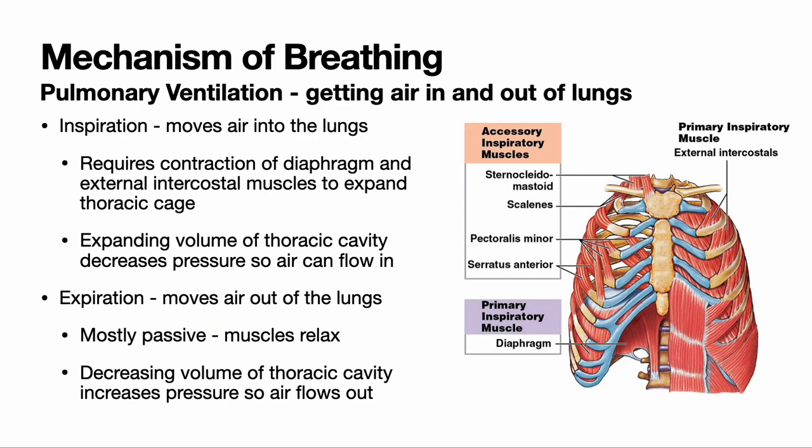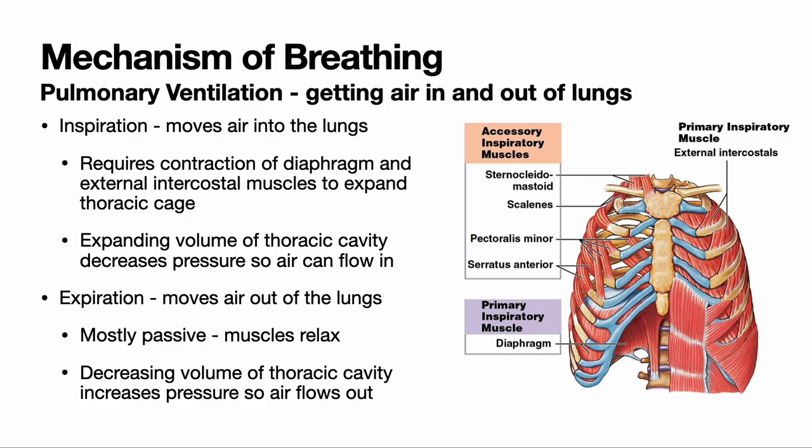So how do we breathe? What's the mechanism of breathing? Well, as I said, pulmonary ventilation is how we get air in and out of the lungs. And that means we have to inspire and expire. We're going to move air into the lungs and we're going to move air out of the lungs. In order to move air into the lungs, we're going to contract the diaphragm and the external intercostal muscles.